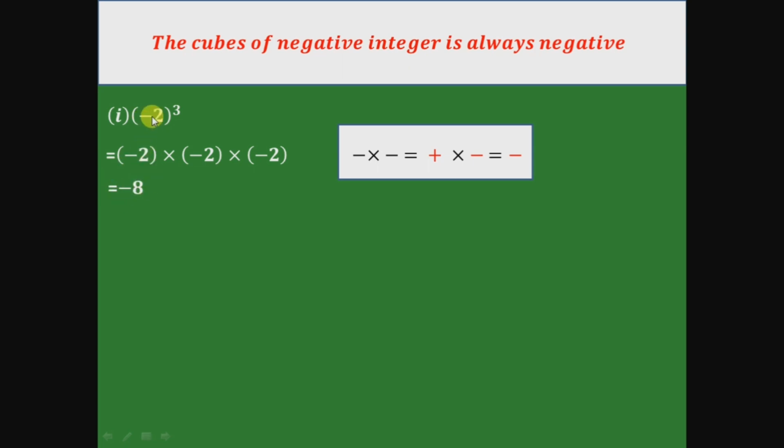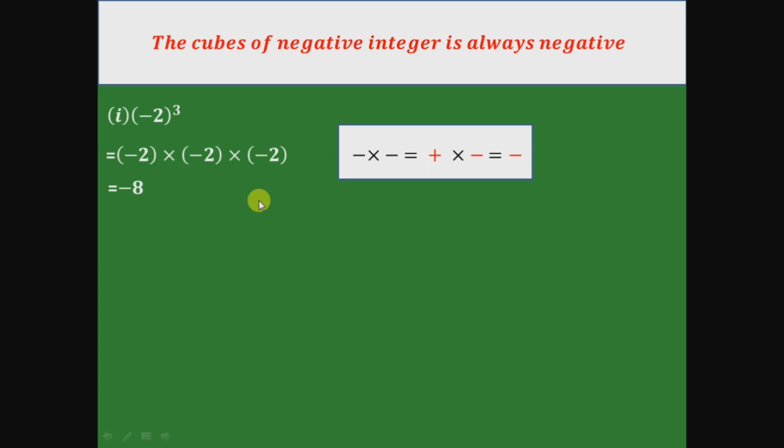How come? Minus 2 whole cube means minus 2 into minus 2 into minus 2. First the sign multiplication: minus into minus is plus, and plus into minus is minus. Then 2 twos are 4, 4 twos are 8.